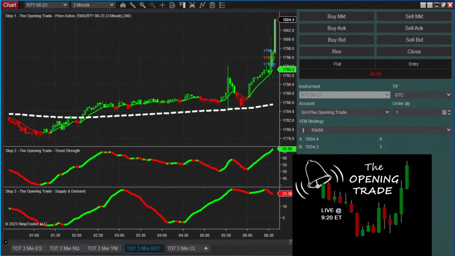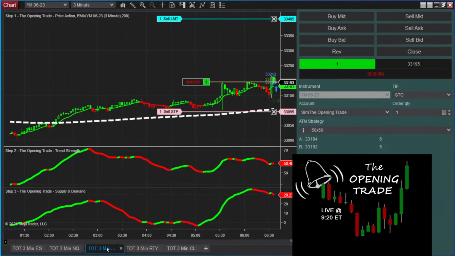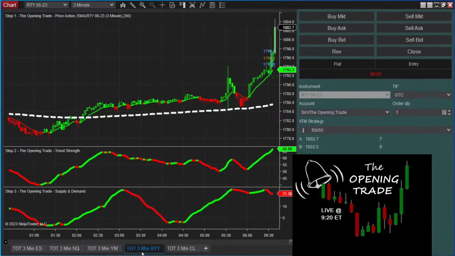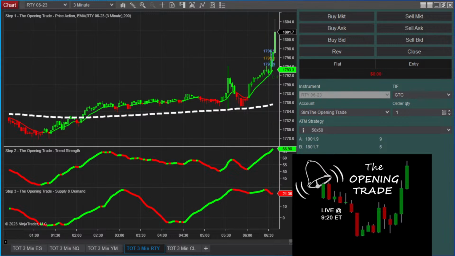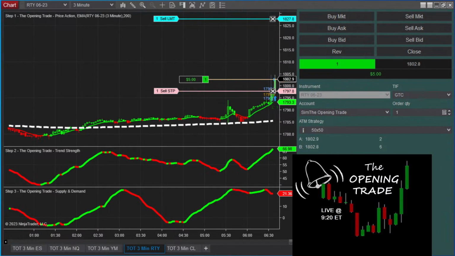So we'll just put it on that chart and see if it meets the automated trade indicators to fire off. Order submitted. And there it goes. It's fired off in an automated trade on the Russell.